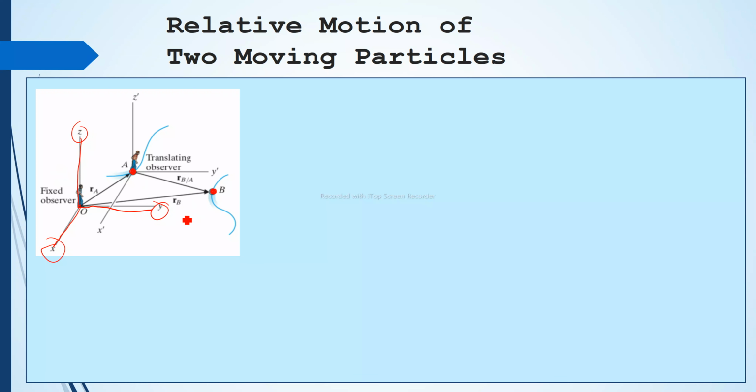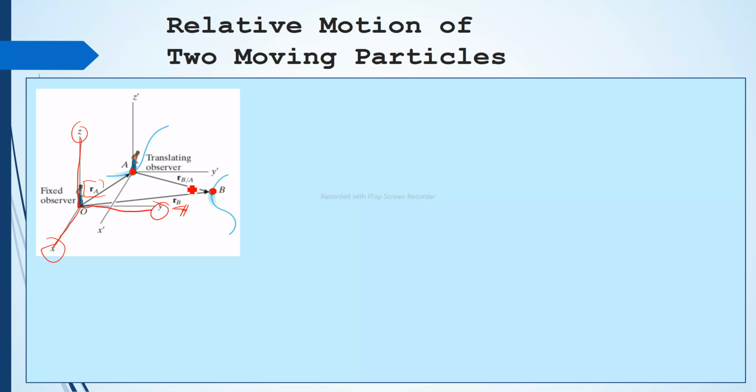It is the same with relative motion. So as we can see, rB is the position of particle B, and rA represents the position of particle A from the fixed, or absolute, reference frame, which we also call the absolute position.